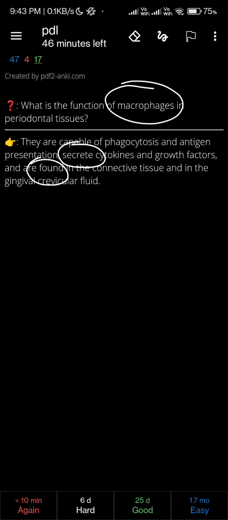They are found in the connective tissue and gingival crevicular fluid.